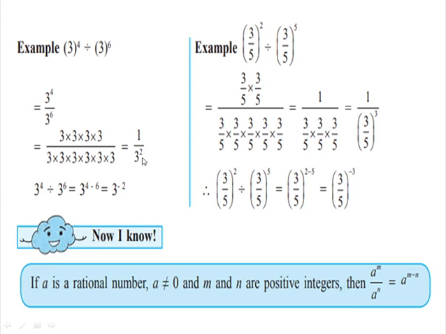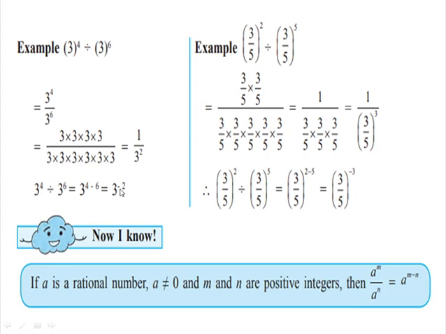Just now we have seen whenever we shift the index number from numerator to denominator or denominator to numerator, the sign of the index changes. That is, here 1 upon 3 raised to 2 will become 3 raised to negative 2.